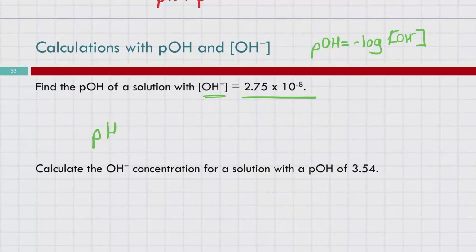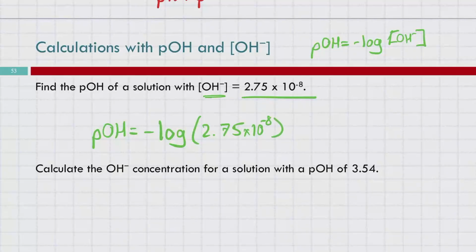So pOH equals negative log 2.75 times 10 to the negative 8. 7.561 would be our pOH.